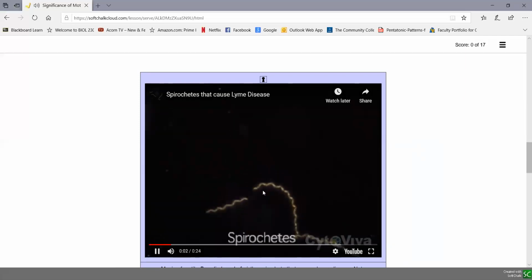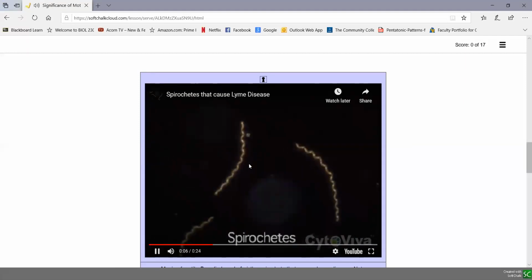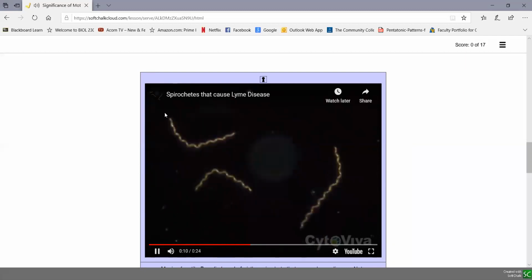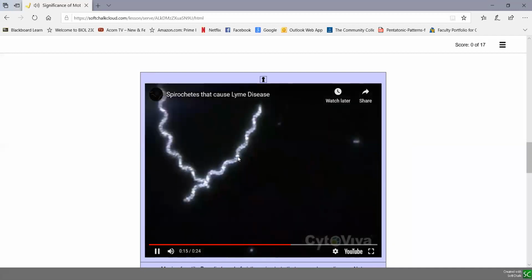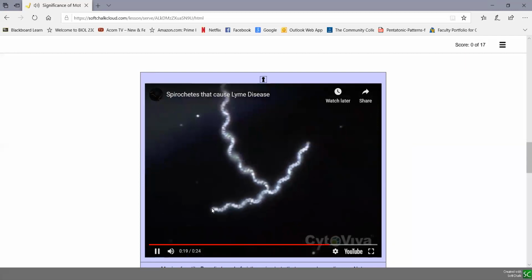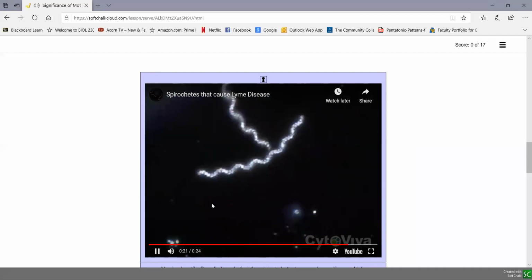So there you see the tip, and as the axial filaments change direction of rotation, they can either make it go forward or backwards. But again, you see the leading end doing its little corkscrewing motility. And here it is after Cytoviva, so you can actually see the rotation quite nicely in the tips, allowing it to propel itself through the medium.